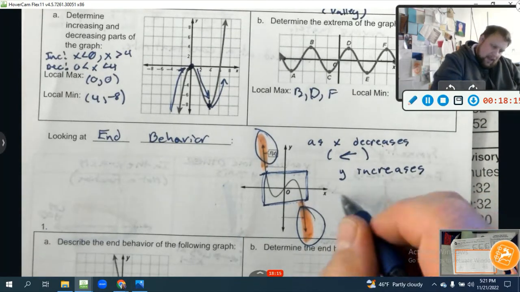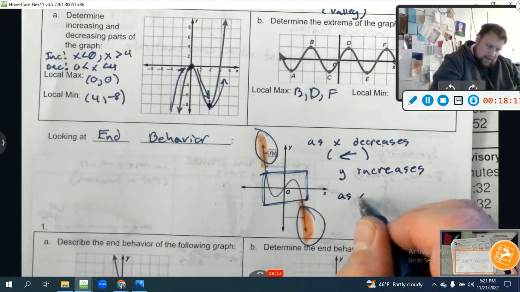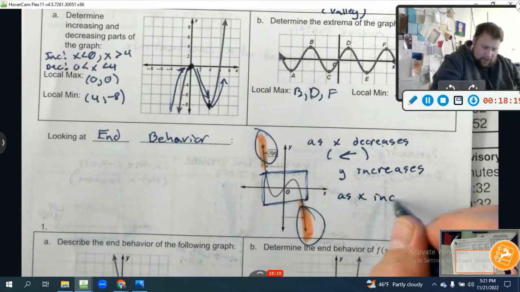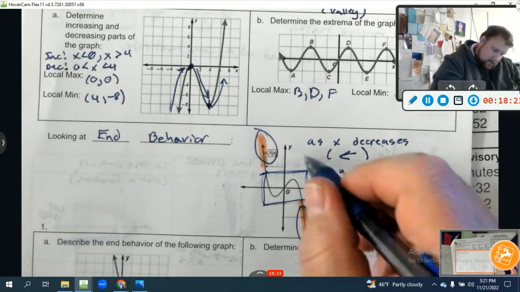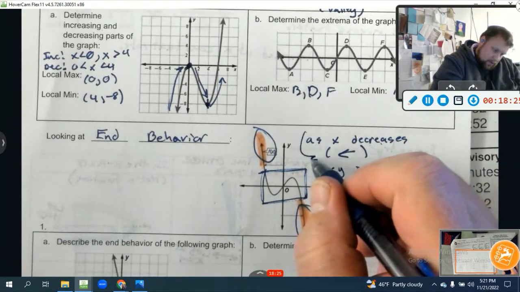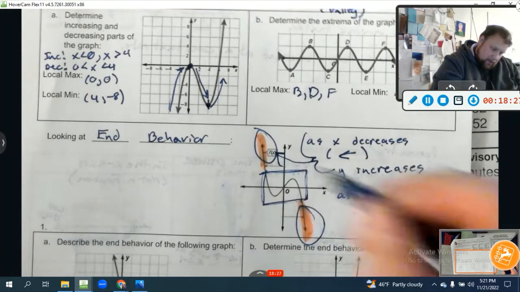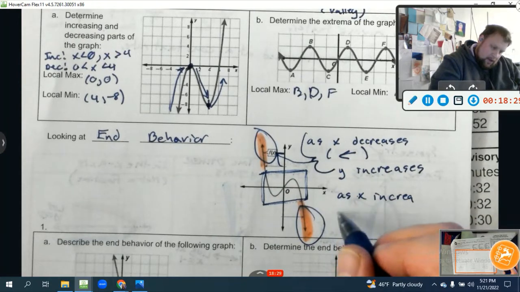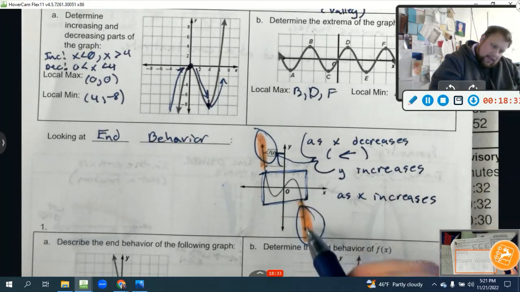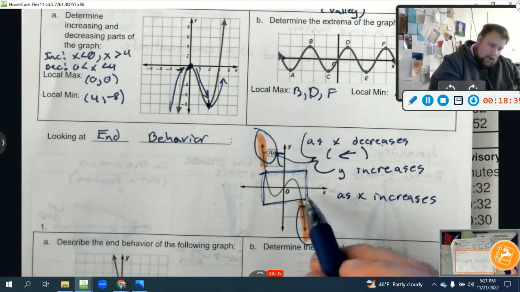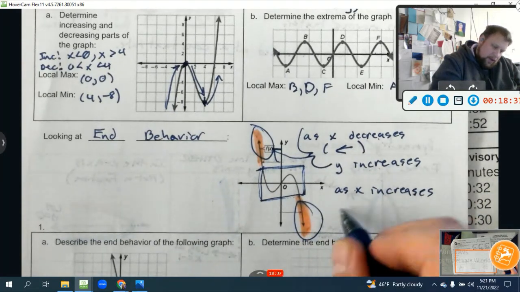But then, as x increases, so this, by the way, is talking about this end behavior right here. As x increases, so as my x is further going to the right, what do we see that our y value is doing?